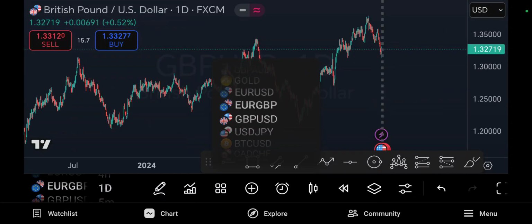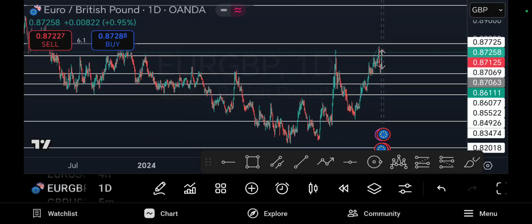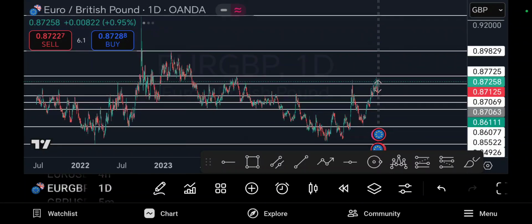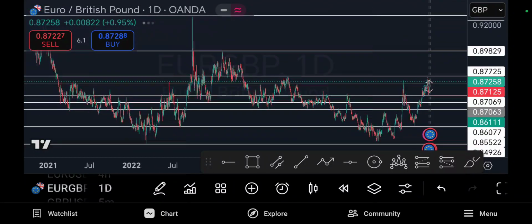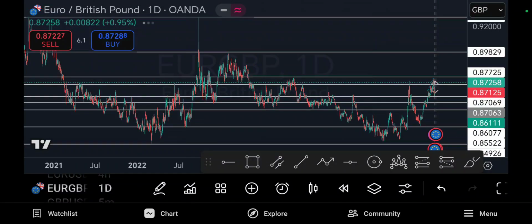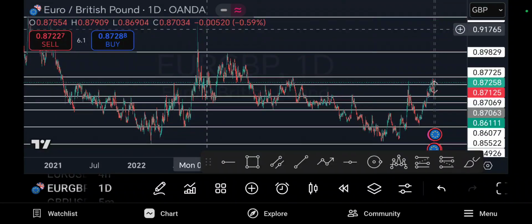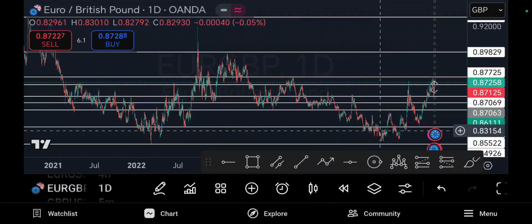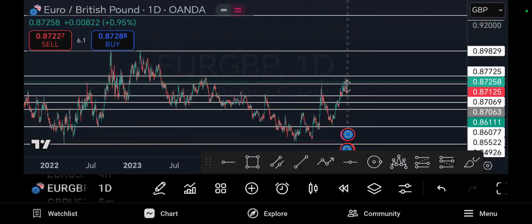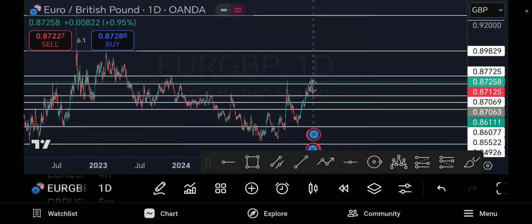Okay, wait. Let's see Euro GBP on the daily. It trends a lot, as you can see, trending up, trending down. It's not trending, it's a consolidation.